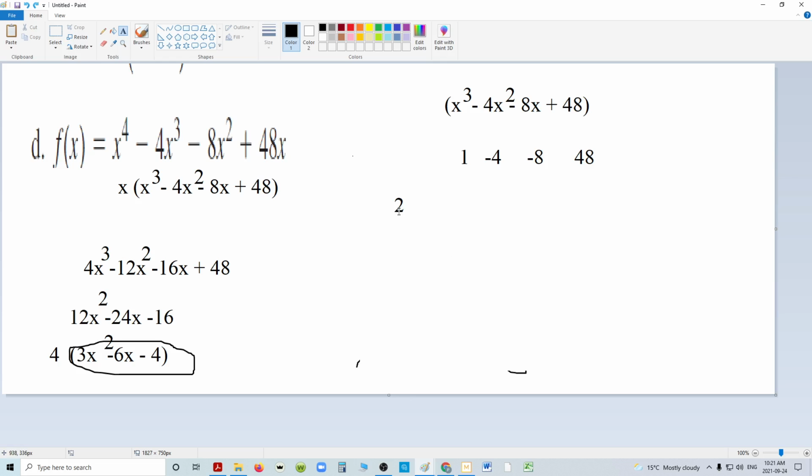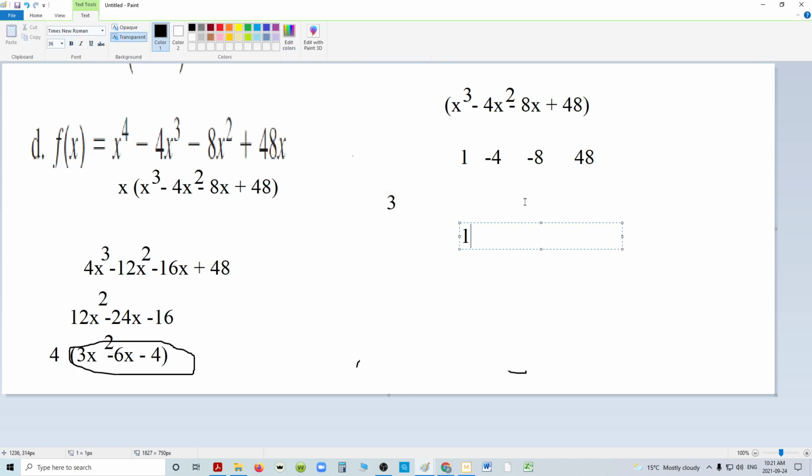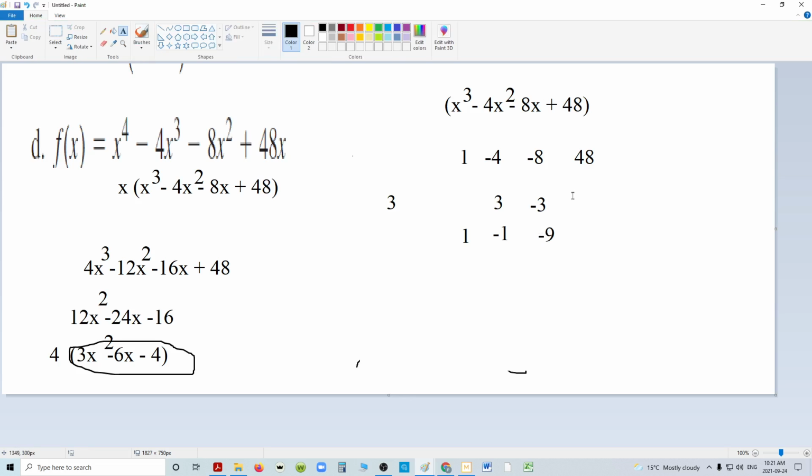Let's jump right to 3. Okay, I'm going to try 4.